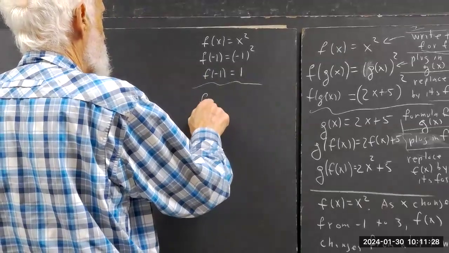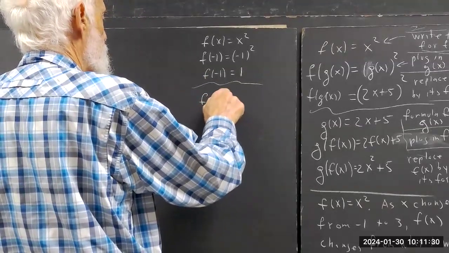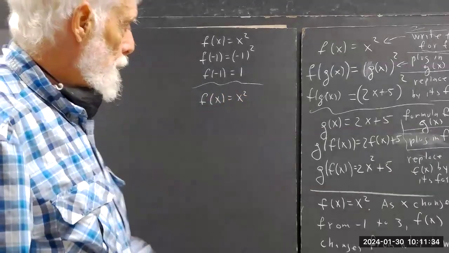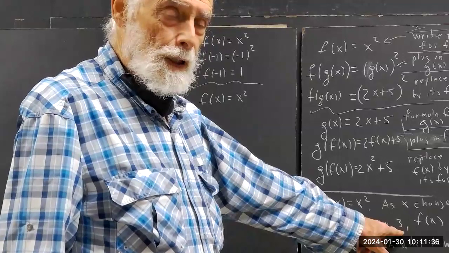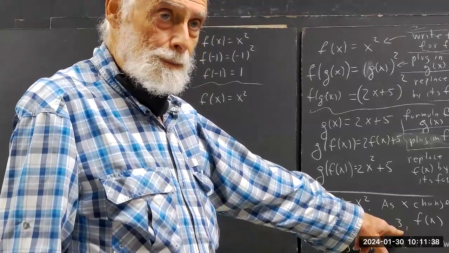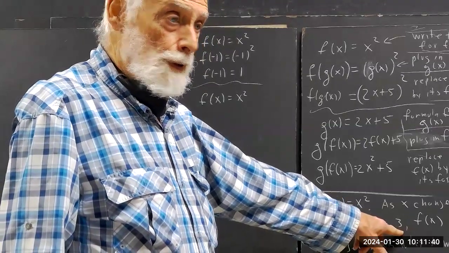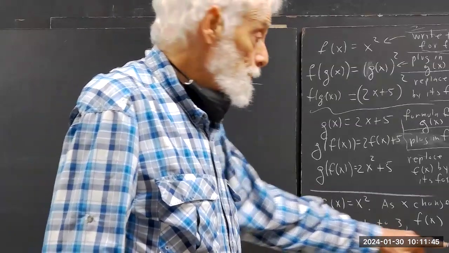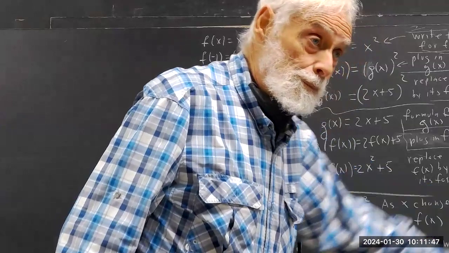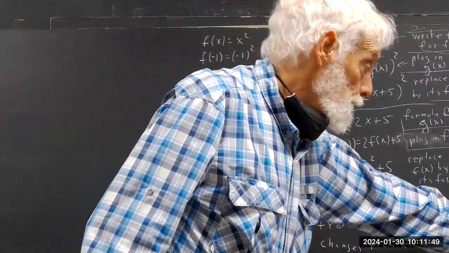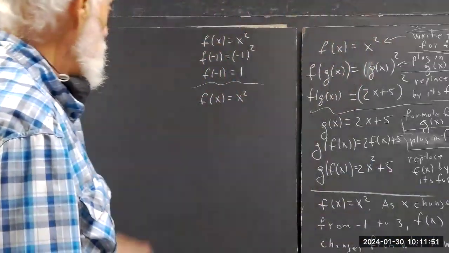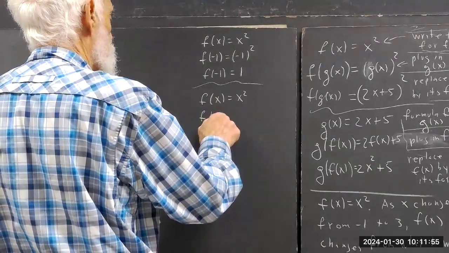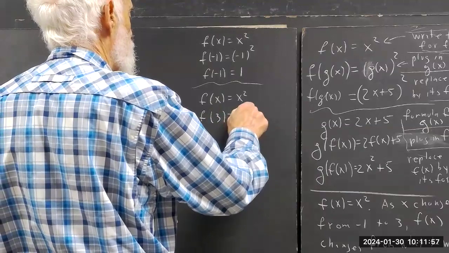Then we've got, again, f of x equals x squared. Well, now we're going to do this for x equals 3 because we're finding the change from -1 to 3, because that's the interval. We take this number, and we take this number, and we plug it in for x. So we have f of 3 equals 3 squared.